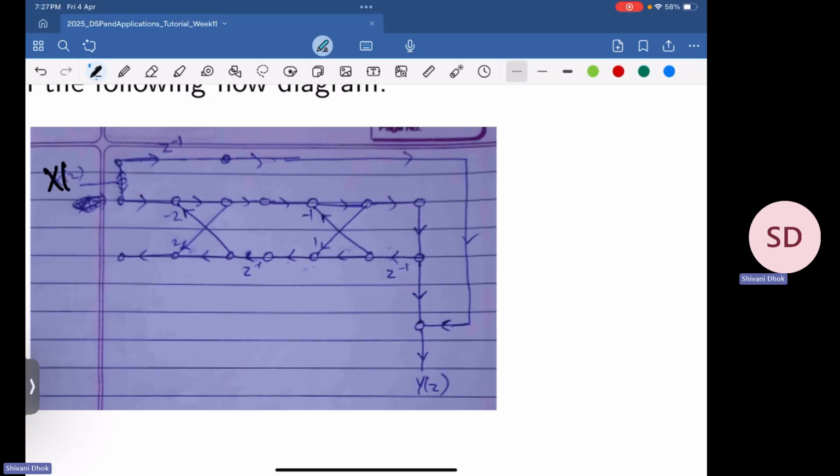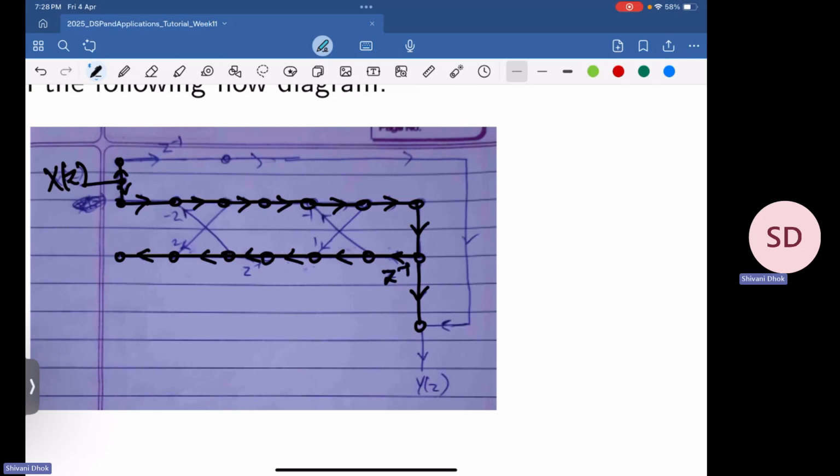So I have x of z here, then I have it going here and here in both directions. Like this. Then this goes here.